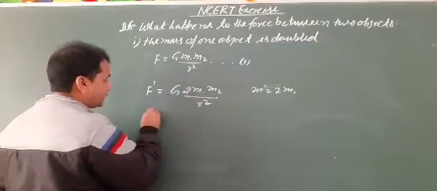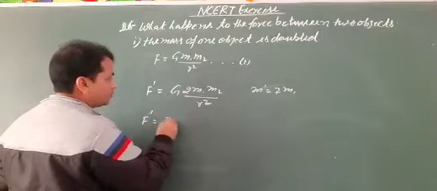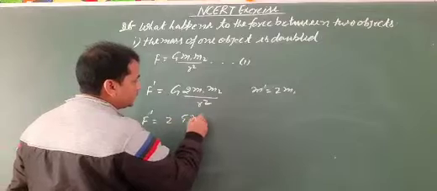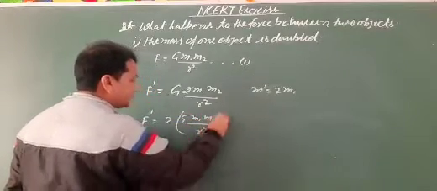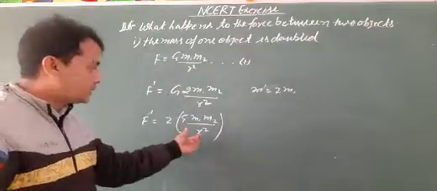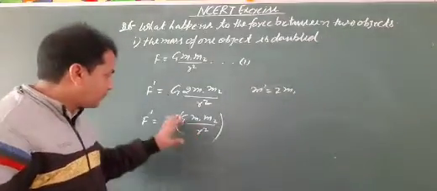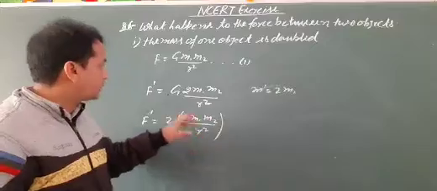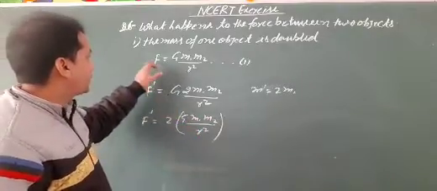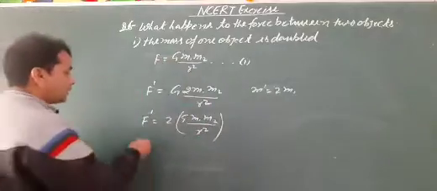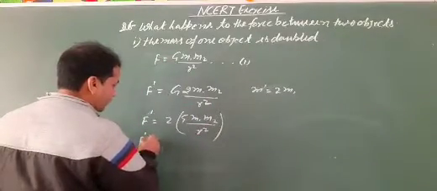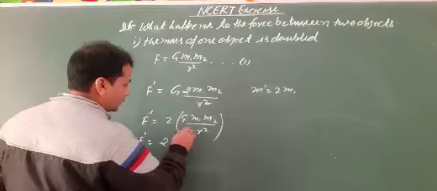So we can write F dash equal to 2 G m1 m2 by r square. G m1 m2 by r square is the original gravitational force, so in its place we write F. So F dash equals 2F.